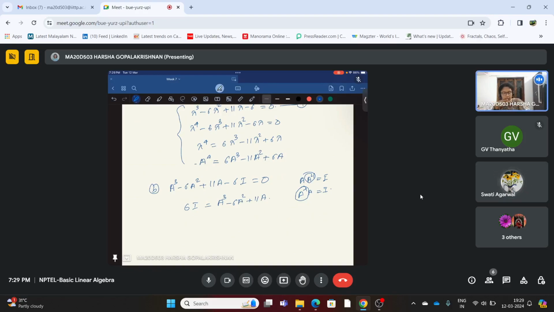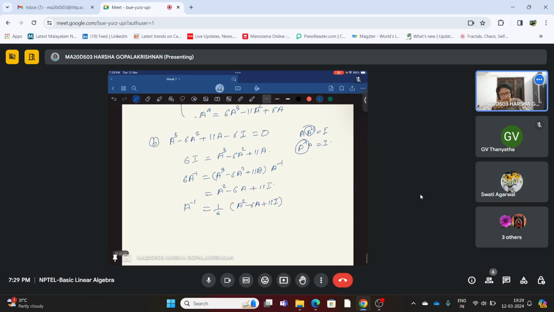Yeah, that is fine. What we will get is 6A inverse is A cube minus 6A square plus 11A into A inverse. That means A square minus 6A plus 11I. So from this we can take 6 to this side: 1 by 6 into A square minus 6A plus 11I.